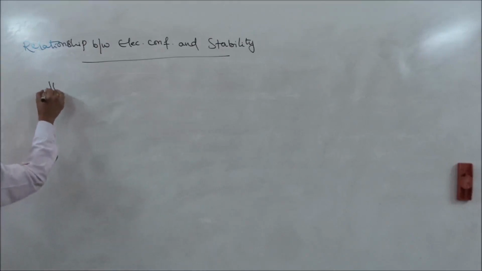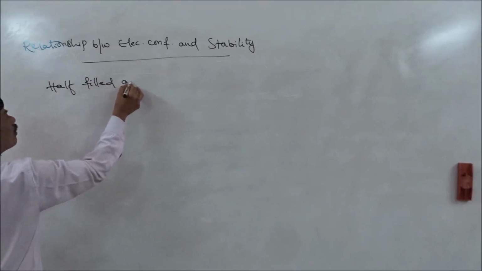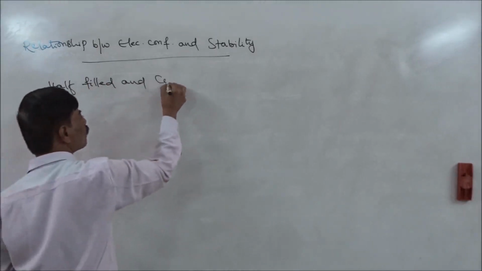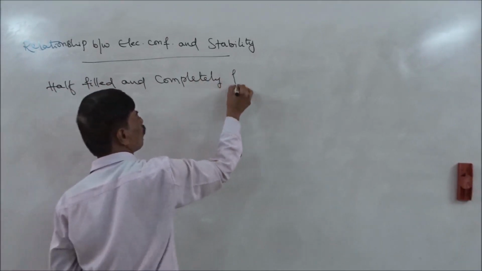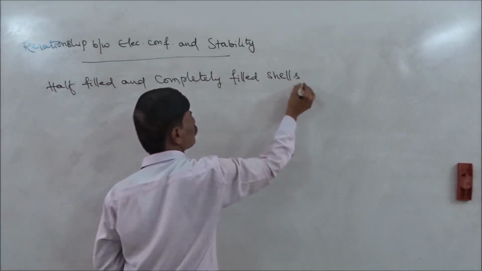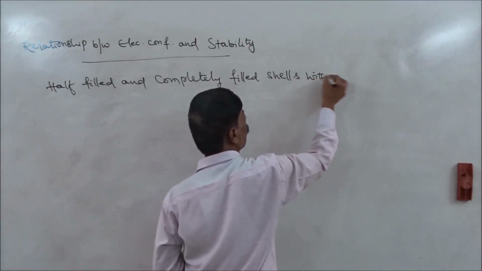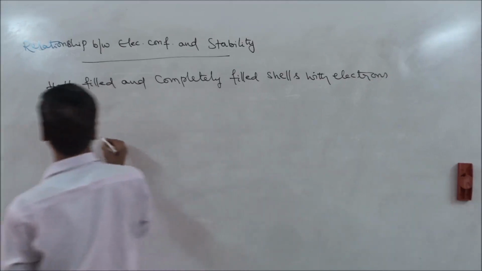So half filled and completely filled shells with electrons are stable.